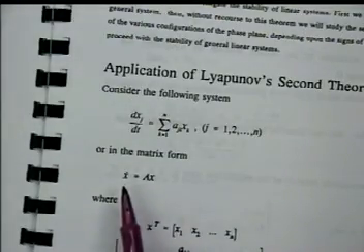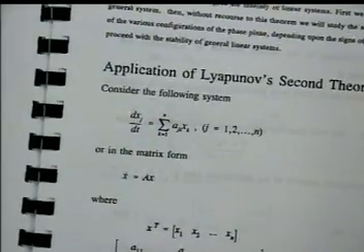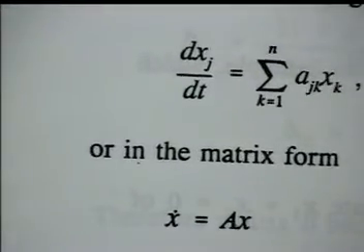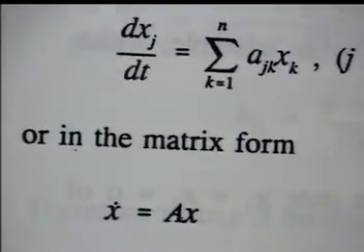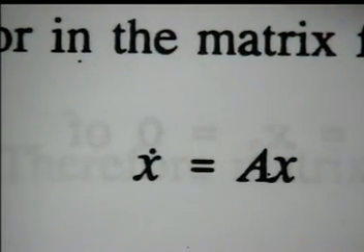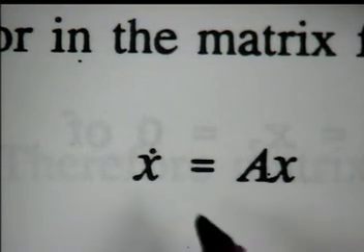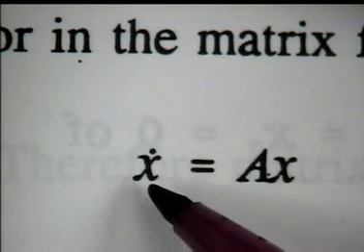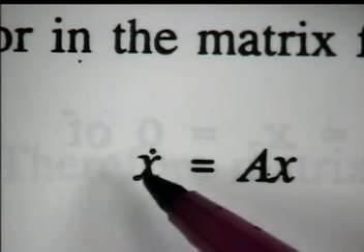This equation can be written like this: x dot equals Ax. That is a very short and very neat notation. Here x is a column, and x dot is the derivative of the column.